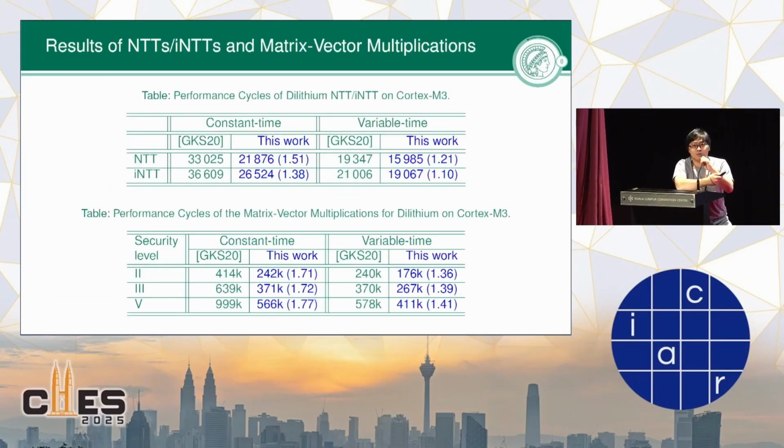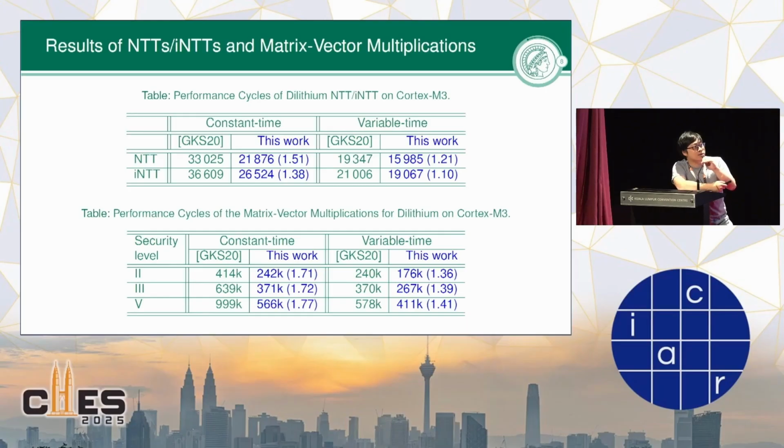After improving the modular multiplications, the overall NTT is straightforwardly improved. For the constant-time computation, we improve the performance by a factor of 1.38 to 1.51, and also for the variable-time NTT.